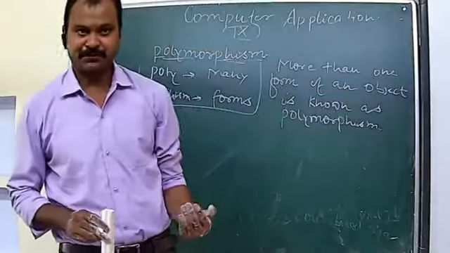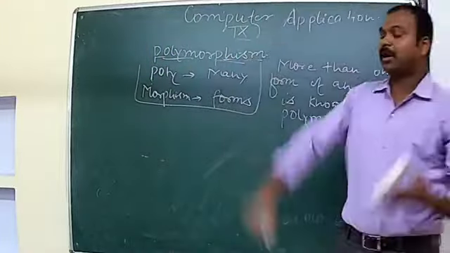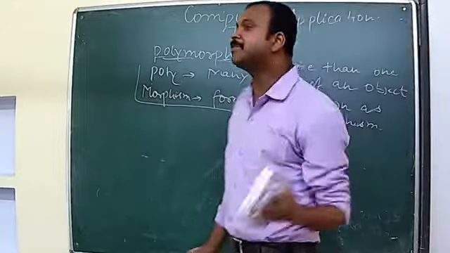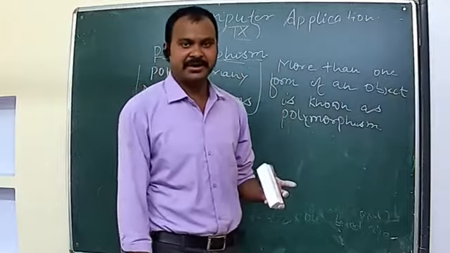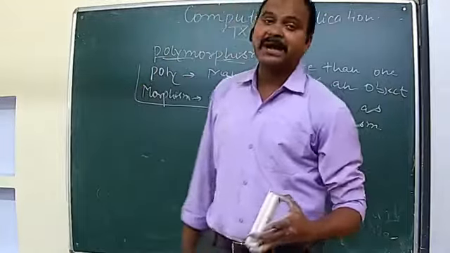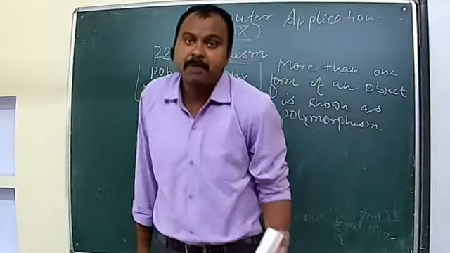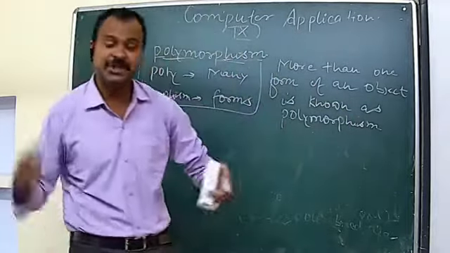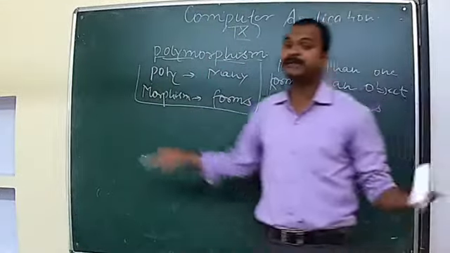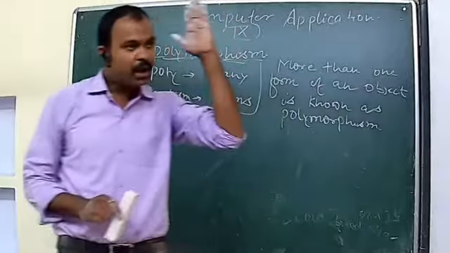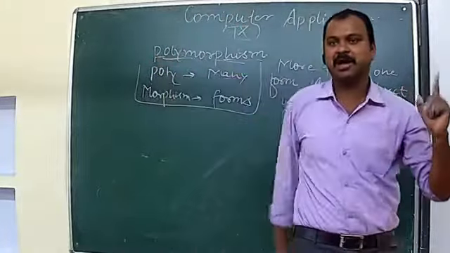We can take an example of a school bell. When the first bell rings, at the same time maybe class 9th is studying computer, maybe class 10th is studying history, or maybe class 8th is studying English. So see, only one bell rang, but the different objects are behaving differently.